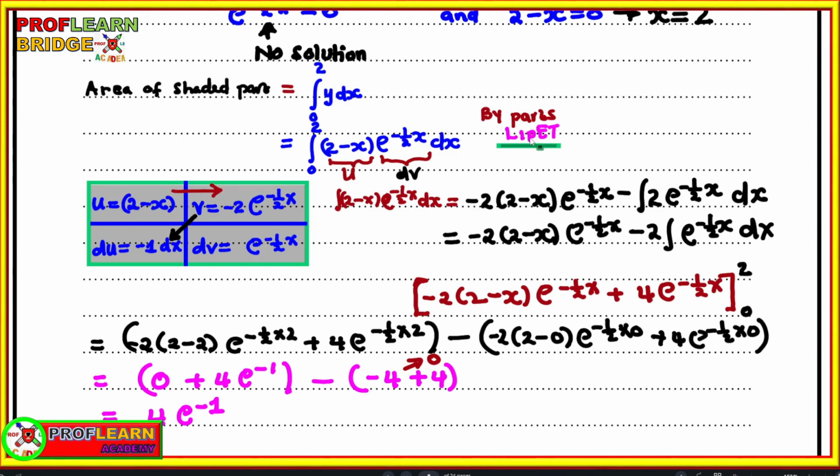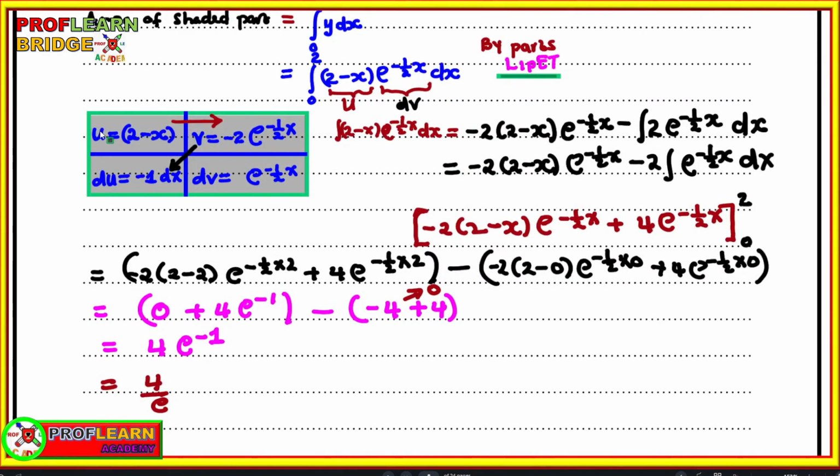If you see a polynomial, because you see in this part we have an exponent and a polynomial, 2 minus x is a polynomial, but exponent comes after polynomial. You see, this is a P, which is polynomial, this is exponent. So polynomial comes first, so it's going to be our u, and dv is going to be this.